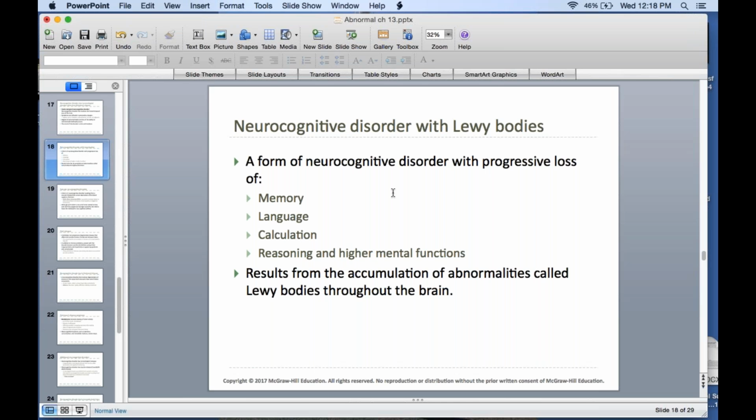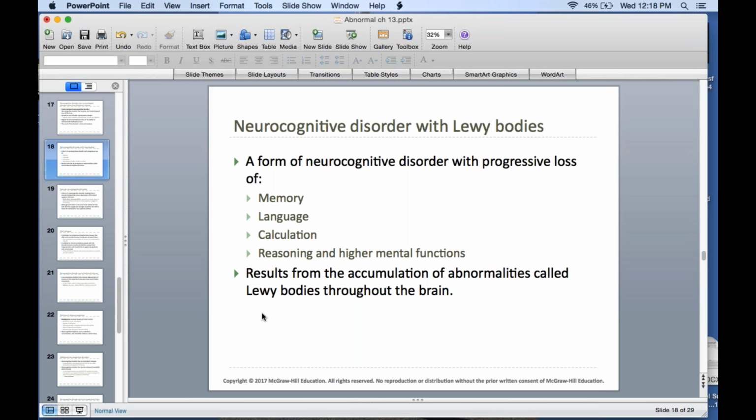Neurocognitive disorder with Lewy bodies. Something I want you to know is that with Alzheimer's disease, if you can watch my little pointer here, we have this sort of gradual decline like this.